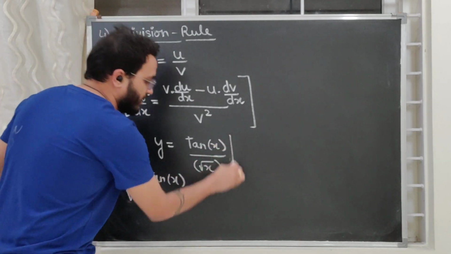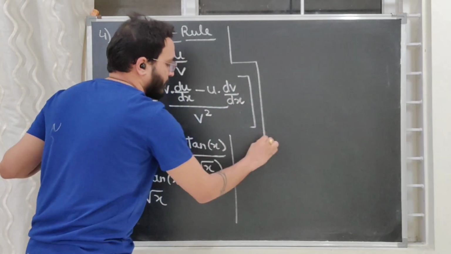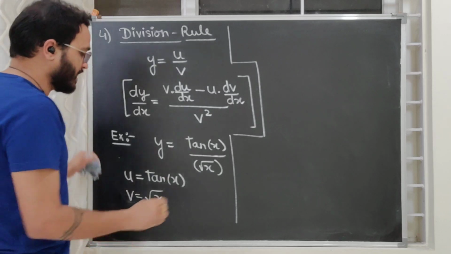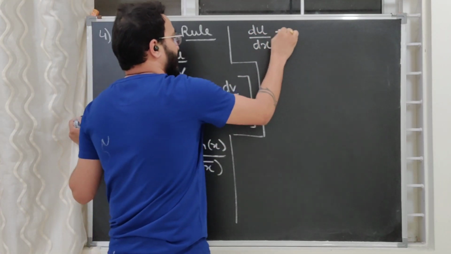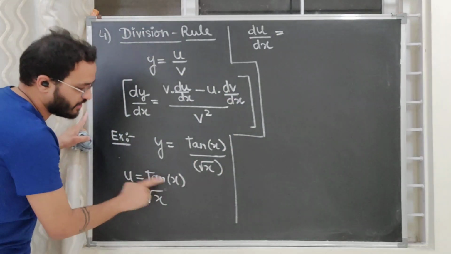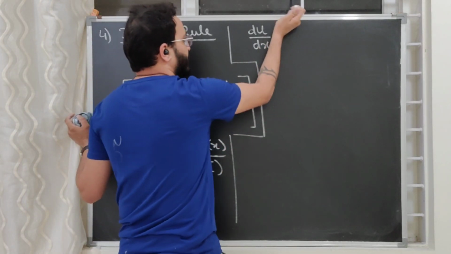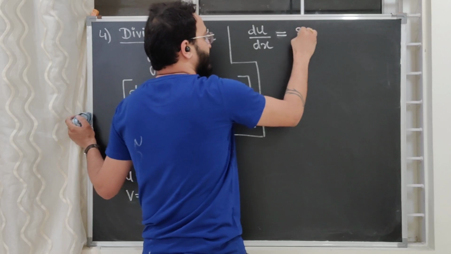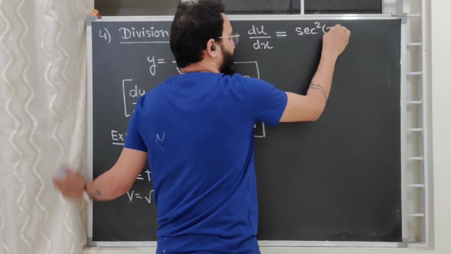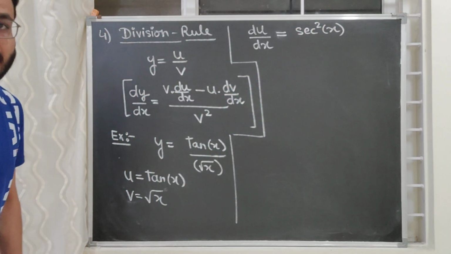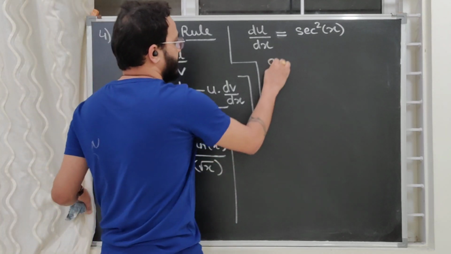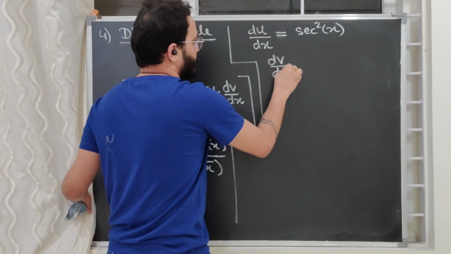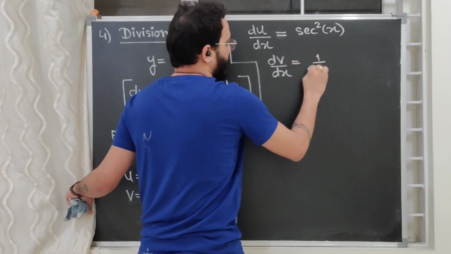Now what you do is, you immediately find out what is du by dx. If u is equal to tan x, then du by dx, that means the differentiation of u, will be sec square x, as the differentiation of tan x is sec square x. And then if v is root x, then dv by dx will be nothing but 1 by 2 root x.